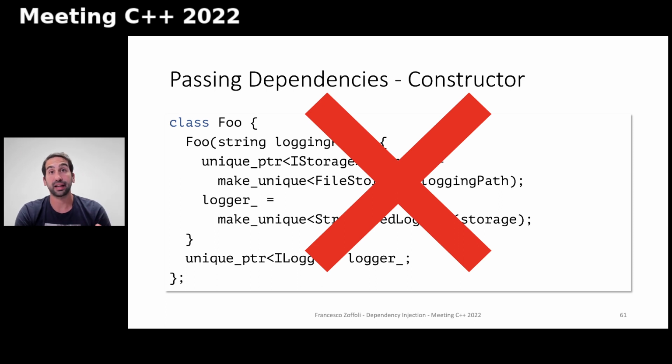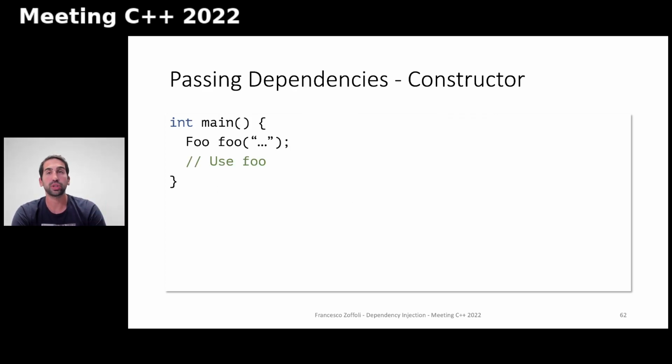There's a lot of coupling here, because this class didn't actually care about all of this implementation, it just wanted to get a logger. And the usage of the class is quite simple though. We can see that we just instantiate foo and we pass the parameter, which makes it appealing.